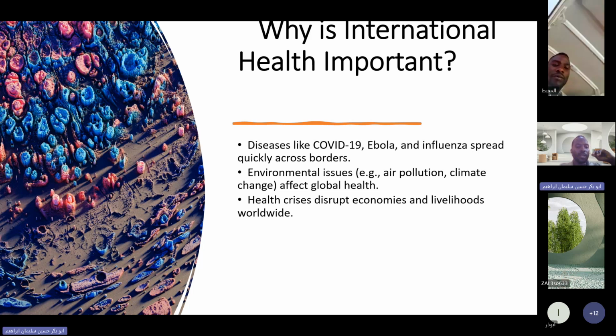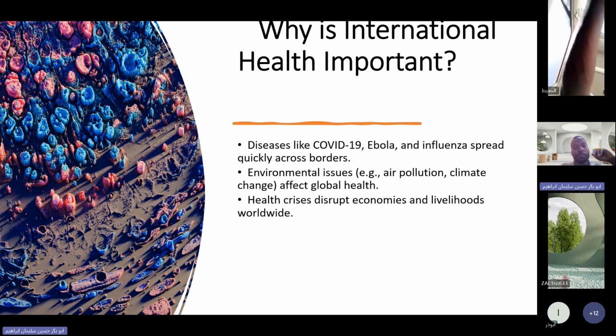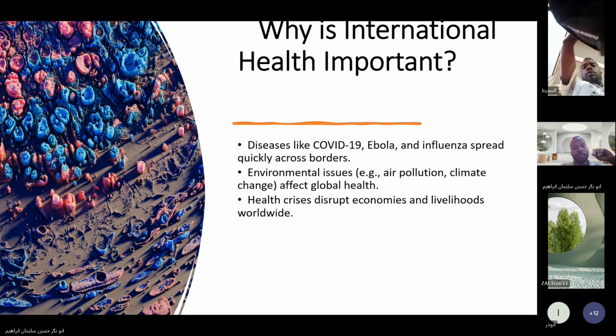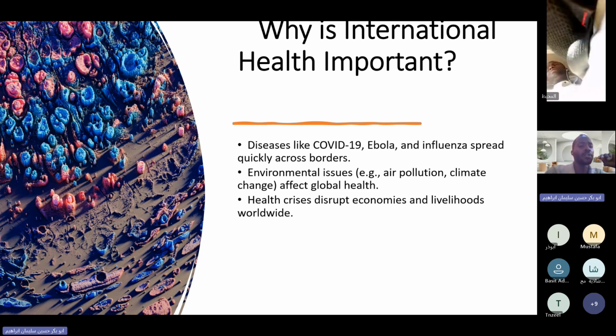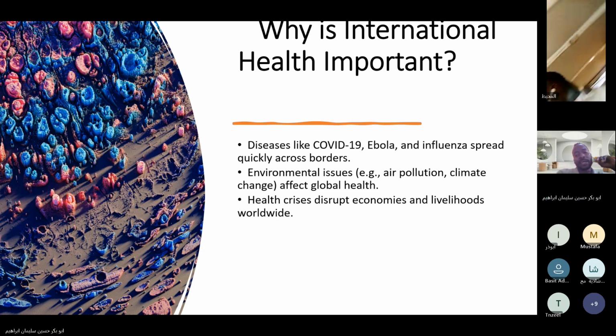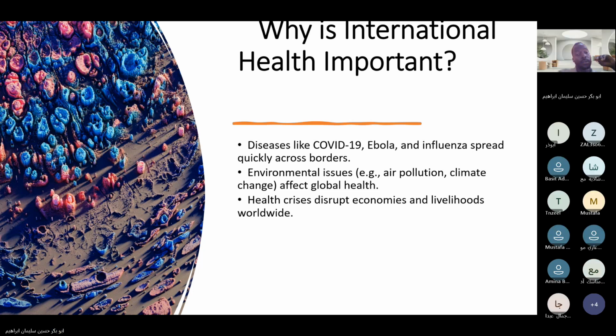In 2003, an infectious disease called SARS spread among nations rapidly. Ebola in 2014, COVID-19 in 2019 and 2020 also spread rapidly. This is the globalization of international health, with a focus on infectious disease.